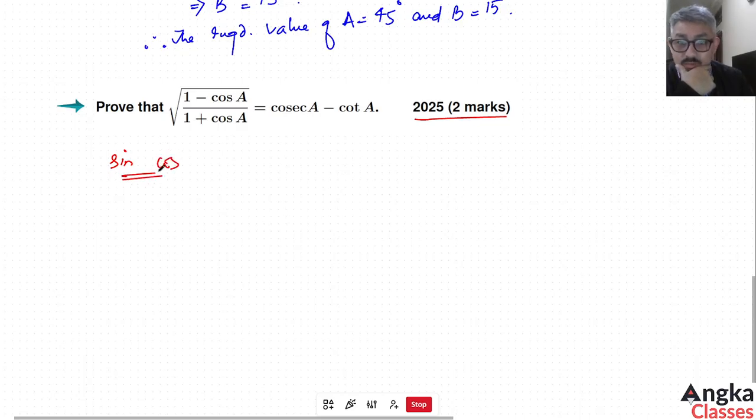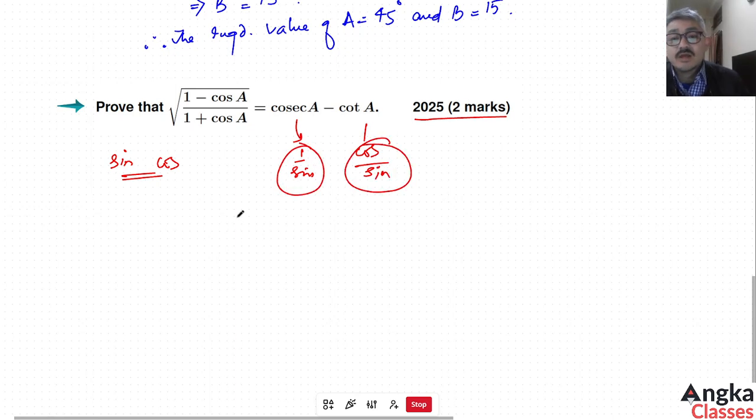So cosec is 1 by sin and cot is cos by sin. Okay, so that is the concept.